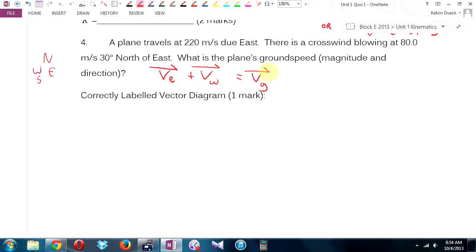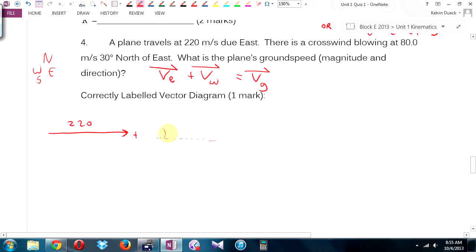I'm going to just add the 2 vectors. Jordan, how would I add 2 vectors together? Why, I think I'd draw them how? So I have 220 meters due east plus 80 meters what of what, Jordan? 30 degrees North of what? North of what? You draw the east first as a dotted line.